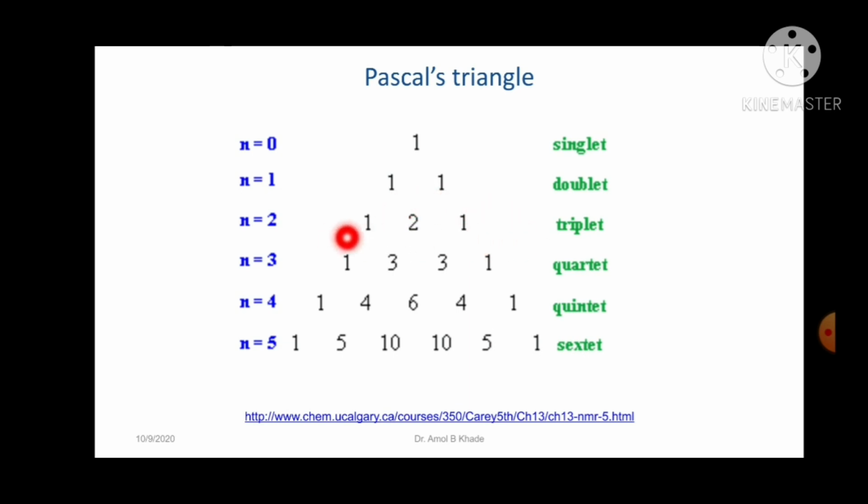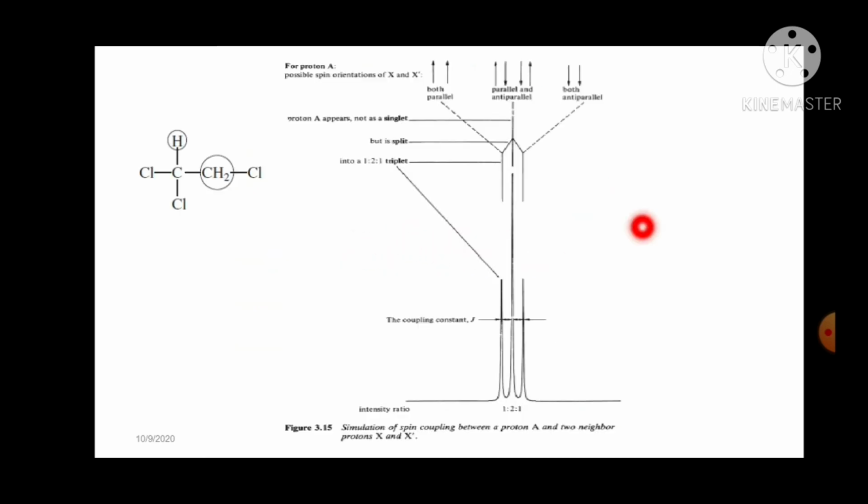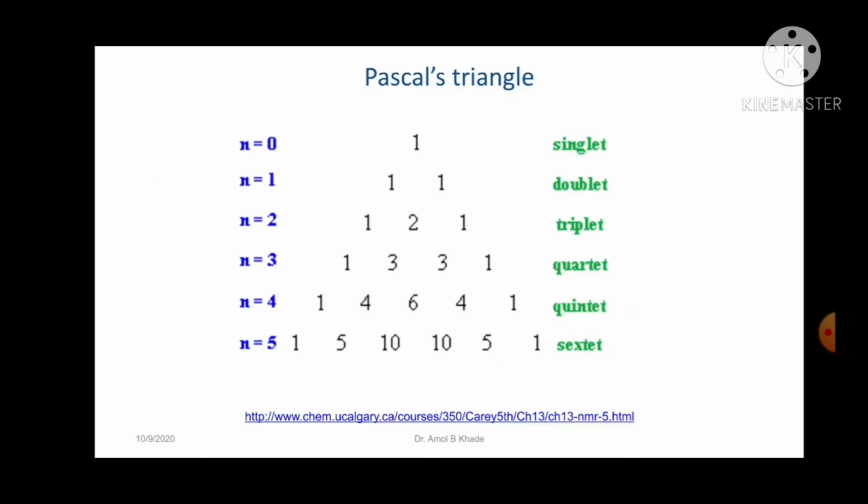If it is a triplet, the neighboring carbon has two protons, 2 plus 1, it will be a triplet, so it will be 1:2:1. That's what we have seen here for the CH proton. So it has split into a triplet here, and the intensity is given at the bottom of that peak. It is 1:2:1. Similarly for a quartet, you can see here the neighboring carbon has 3 protons, so it is 1:3:3:1.